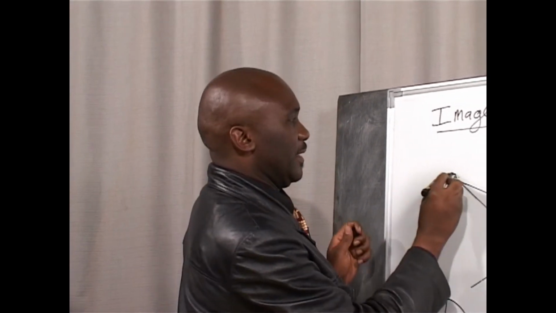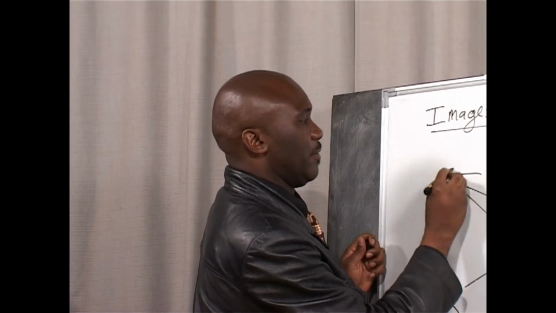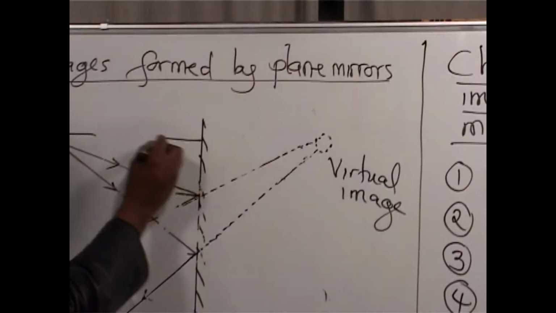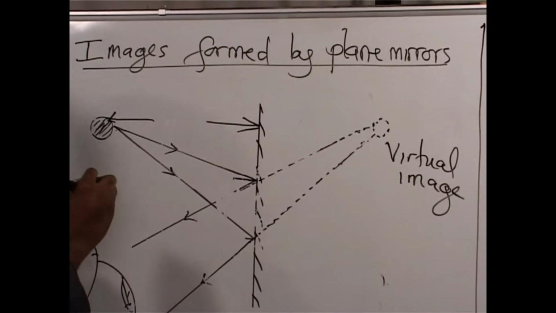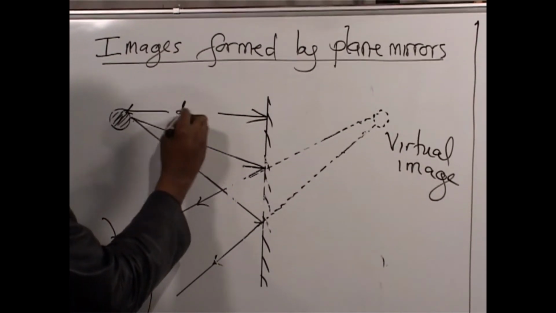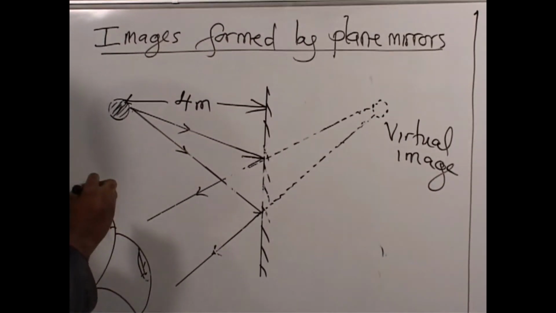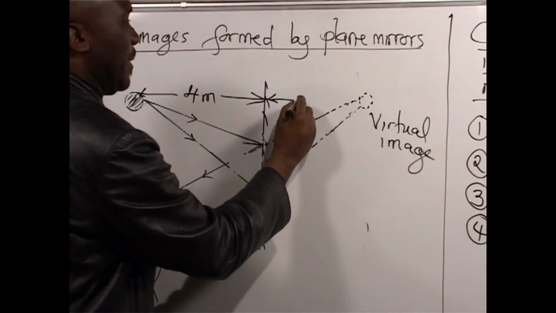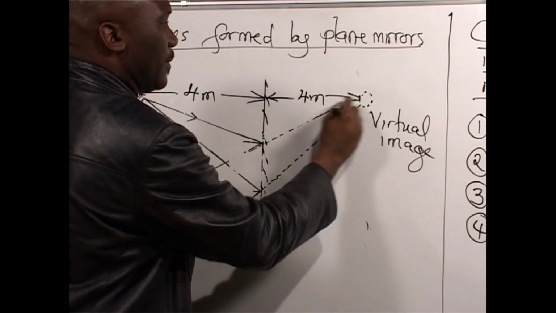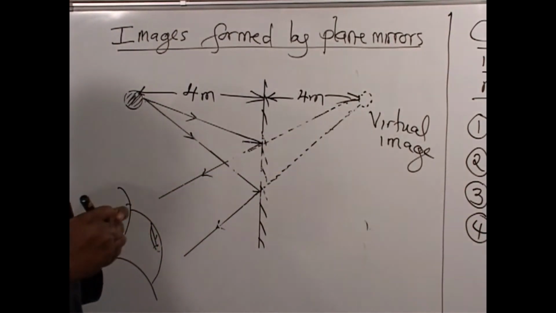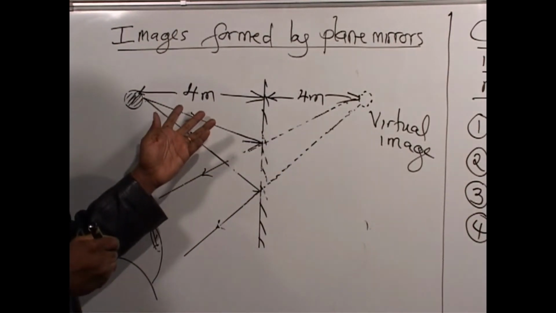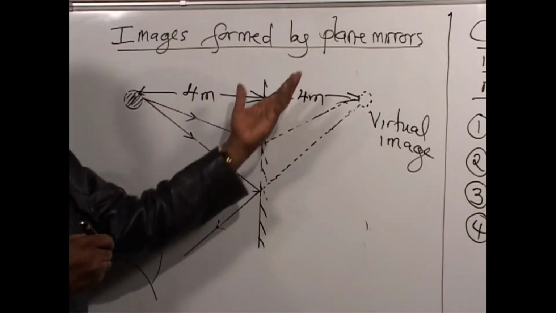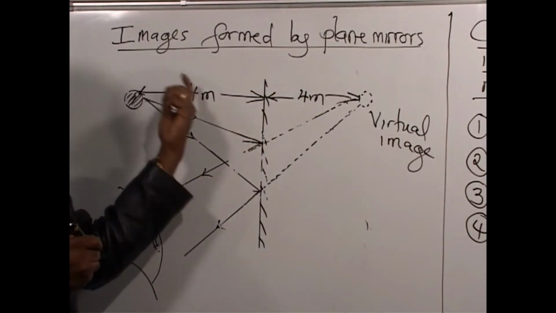If this distance from there to the mirror is, let's say, 4 meters, the image behind the mirror should be 4 meters behind the mirror. So we say that the images are the same distance behind the mirror as the object is in front of the mirror.